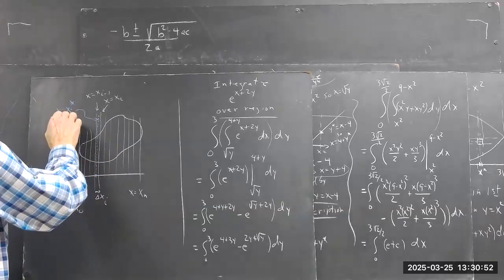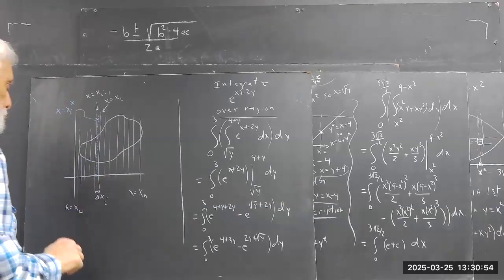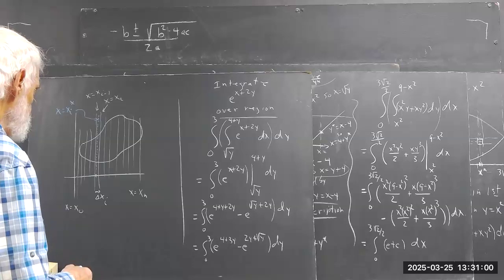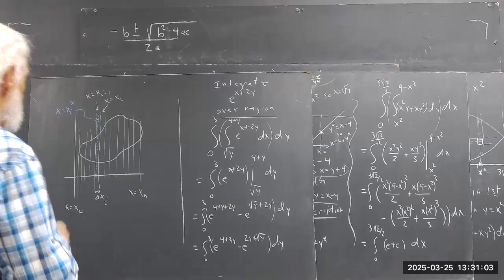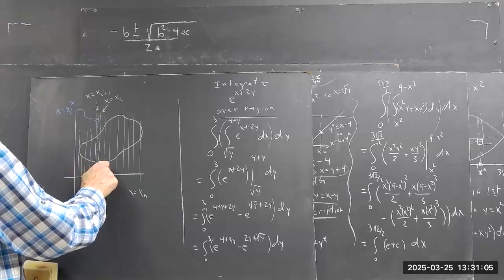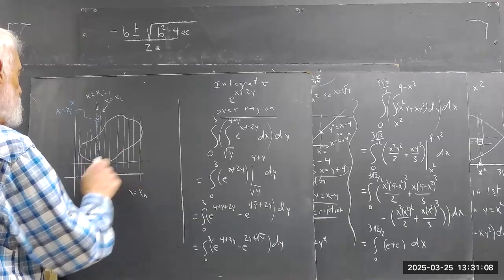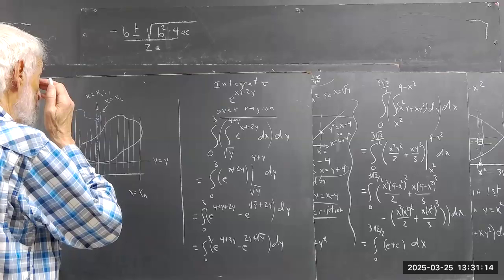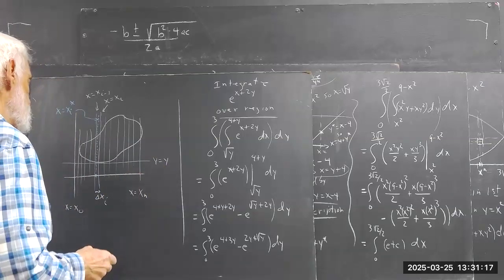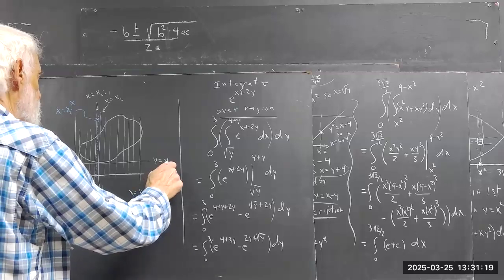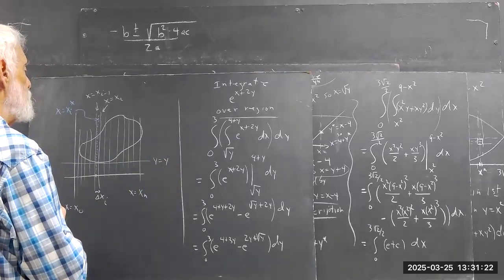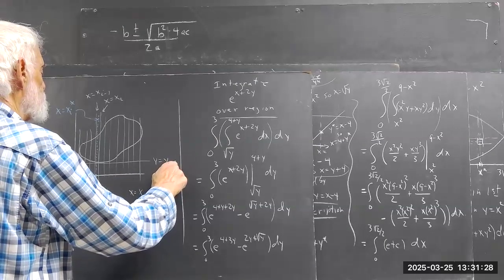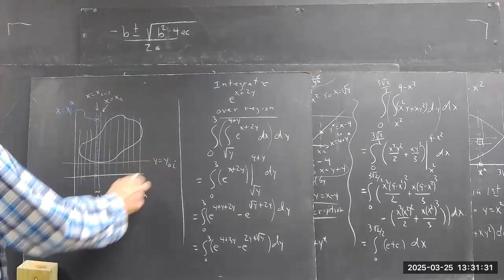This blue dotted line is on x equals x sub i star. Then the line y equals y sub i0, just try to decide the order by subscripts.